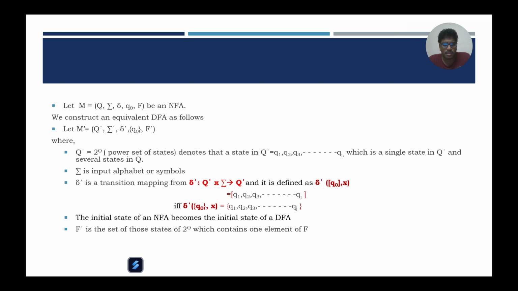It is denoted as δ'([q0], x) = [q1, q2, q3, ..., qj], that is, if δ'(q0, x) equals the set of q1, q2, q3 and qj.